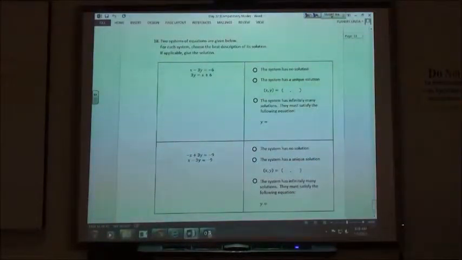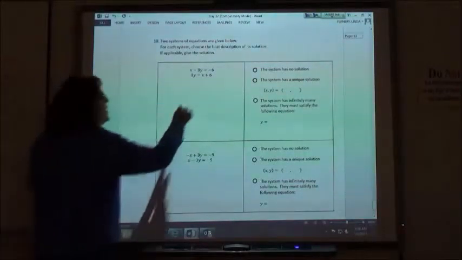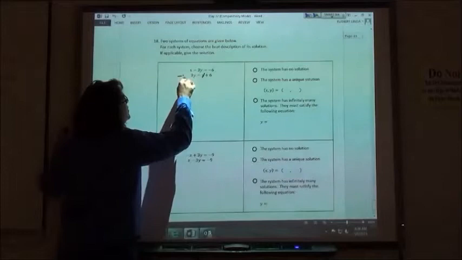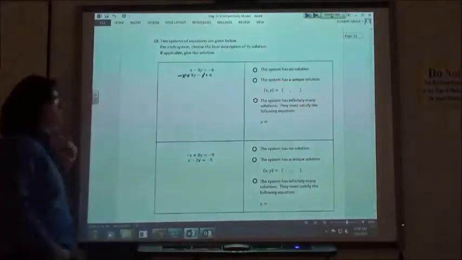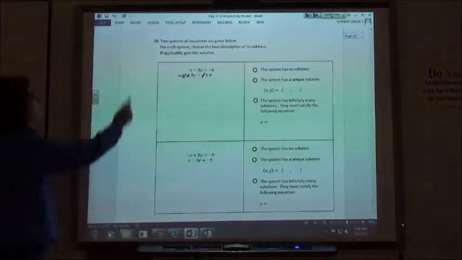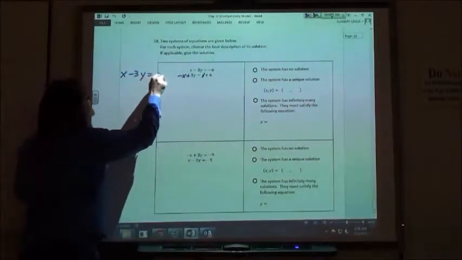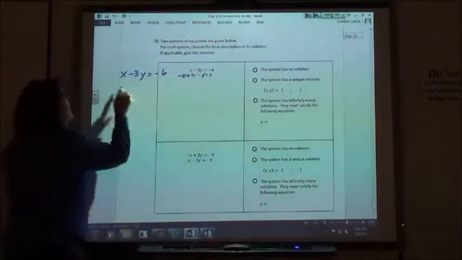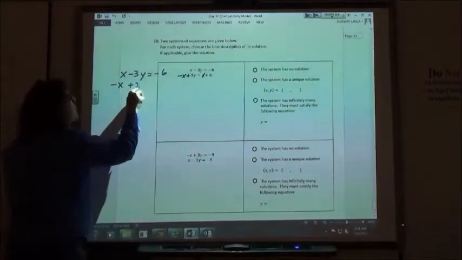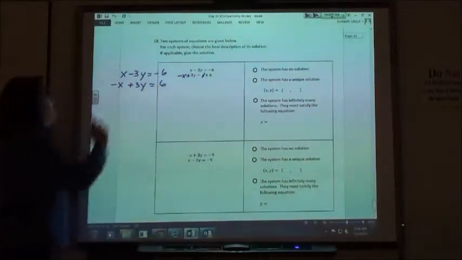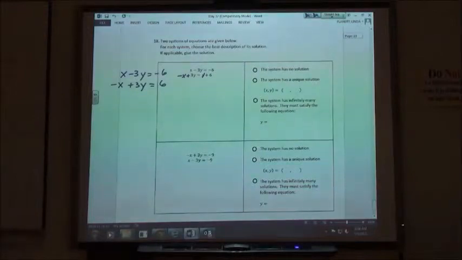What is in the wrong spot? The x. We have to move the x over, and it's going to make it a negative x. So I'm going to rewrite my two equations: x minus 3y equals negative 6, and then negative x plus 3y equals 6.